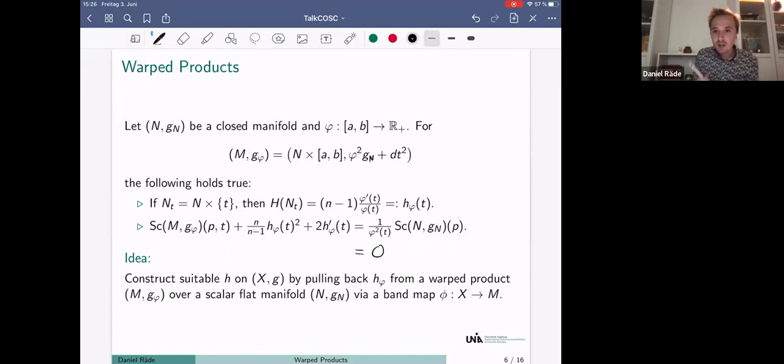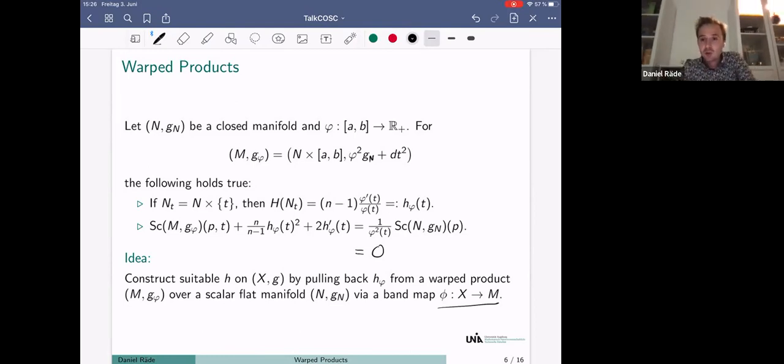The only thing you need is a band map from X to M. Then you already almost have a comparison setup. You have a Riemannian band, you have a warp product, you choose a comparison map, and from this comparison map you pull back things to X. If everything works nicely, you can then use this mu-bubble toolbox to produce results.